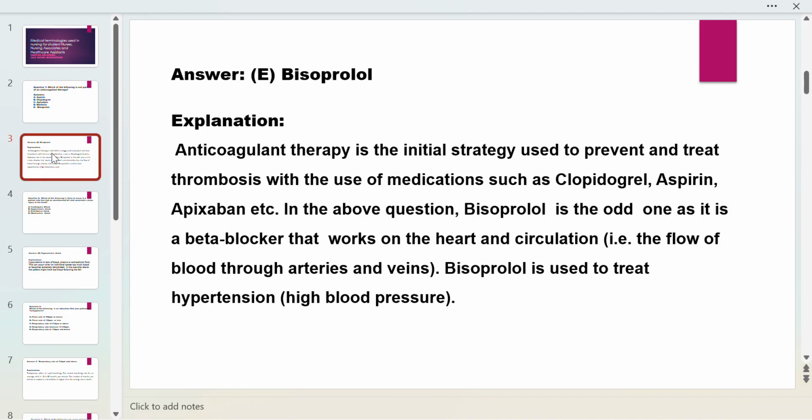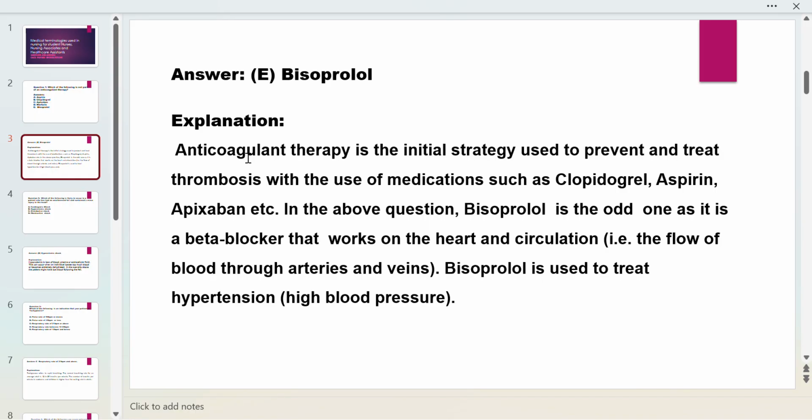So the answer says E, bisoprolol. And the explanation says anticoagulant therapy is the initial strategy used to prevent and treat thrombosis with the use of medications such as clopidogrel, aspirin, apixaban, and etc. In the above question, bisoprolol is the odd one out.